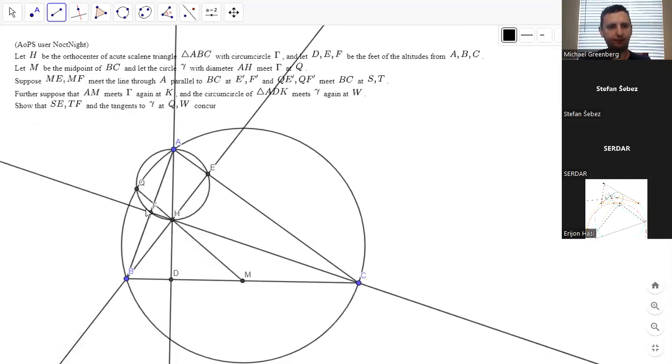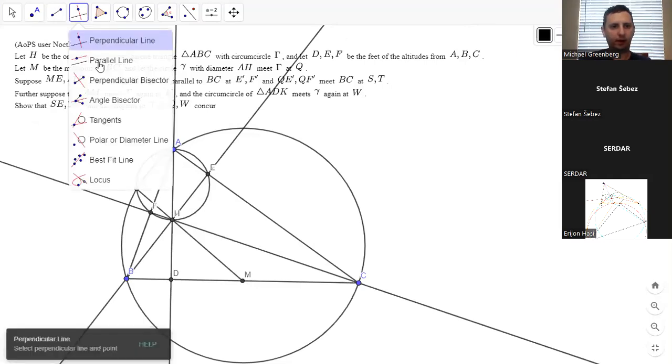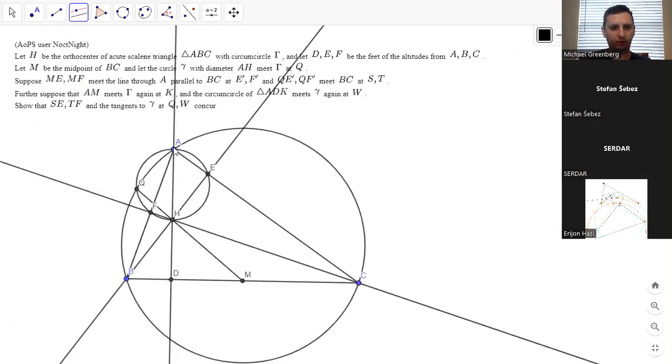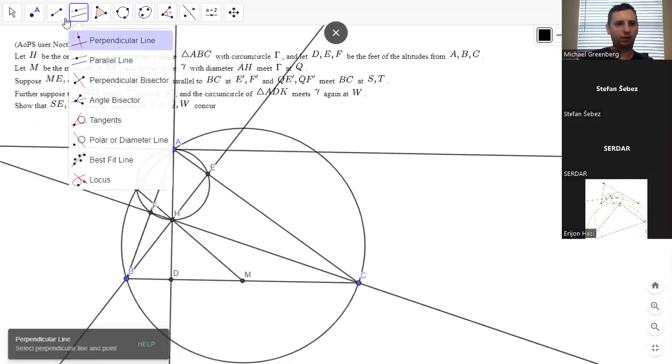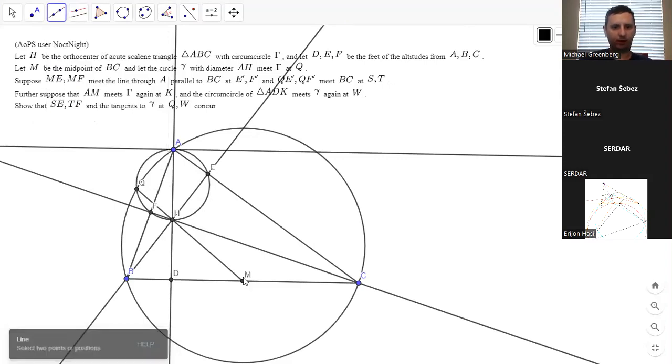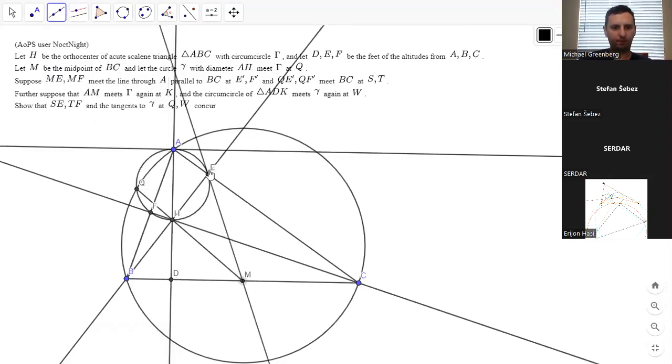All right. ME and MF, we know those are tangent to the circle. So we want to see where they meet the line through A parallel to BC. So basically we have the 2 tangents. These are actually all tangent, and these are both tangent, which is well known.